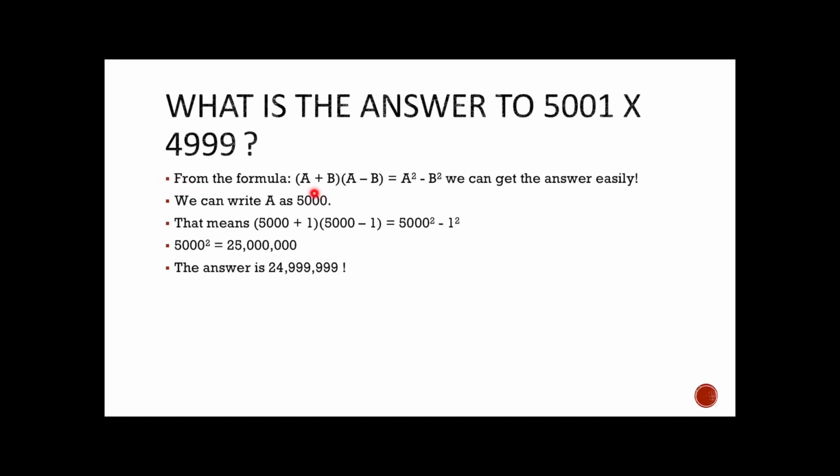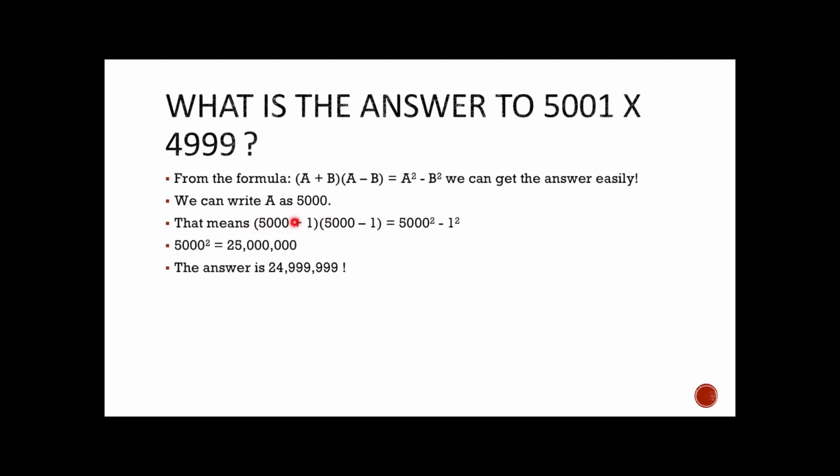Okay, so what is the answer to 5,001 times 4,999? From the formula, a plus b times a minus b equals a squared minus b squared, we can get the answer easily. We can write a as 5,000. It's a nice number in between these two numbers, 5,001 and 4,999. So that means 5,000 plus 1, which is b, because 5,001 minus 5,000 is 1.